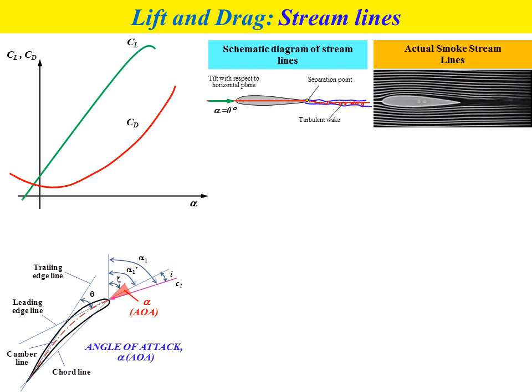The second photo shows the actual result obtained from the wind tunnel investigation. The solid white line is the smoke streamline, representing the laminar flow condition.